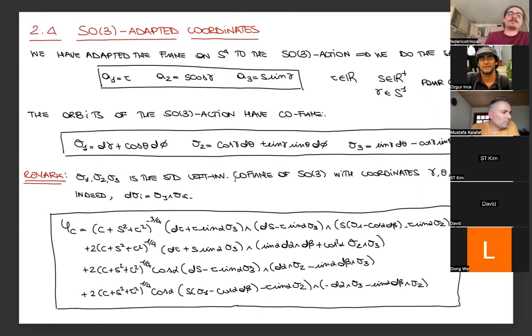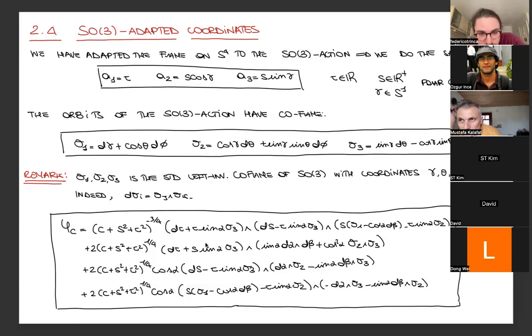Okay, so in this nice open dense set of my manifold, I can write down explicitly my three-form, and this three-form is this here. I know it doesn't look great, but it doesn't look even that bad.